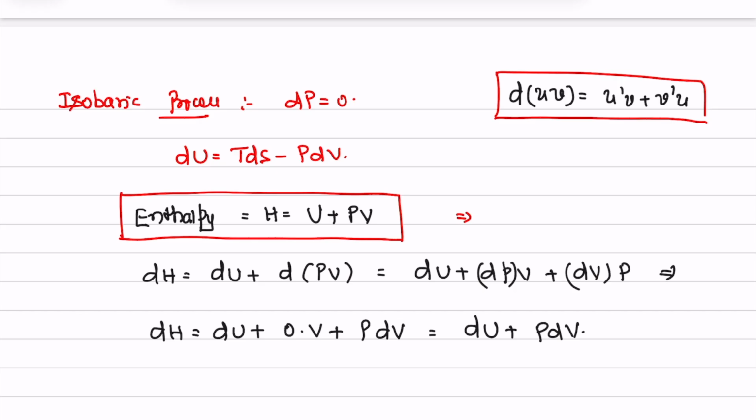Are you able to understand? dU plus PdV is nothing but TdS.